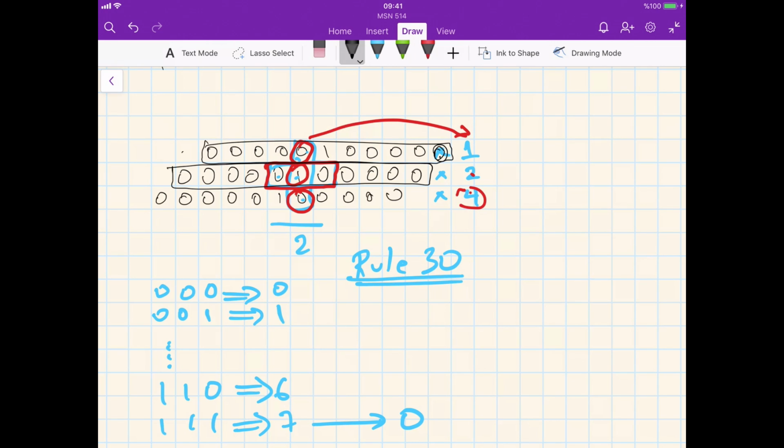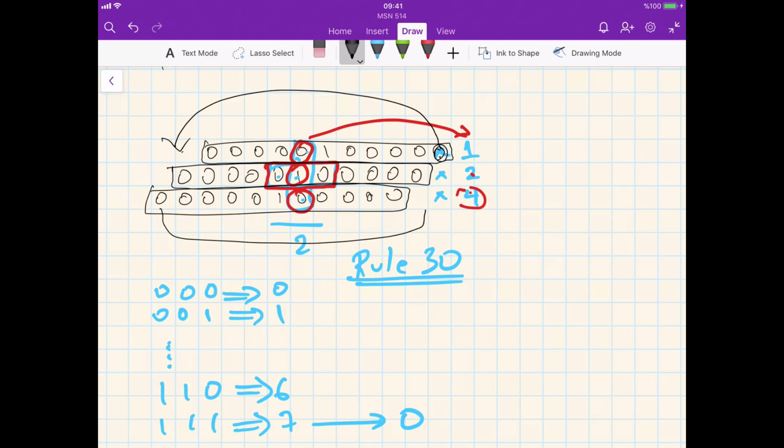I will do some magic to take it here and to take this one. Not magic, I know. Mod. I will use mod to take this 0 over here. And it will basically correspond to periodic boundary condition.